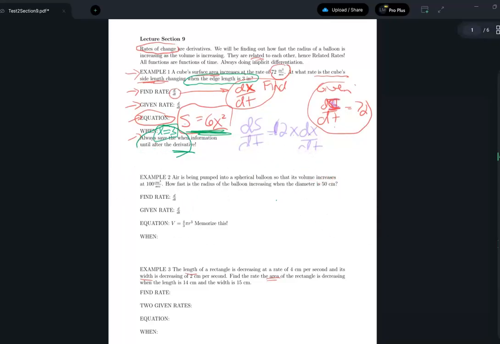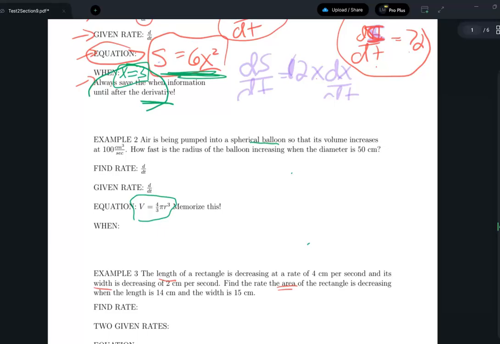We have air pumping into a spherical balloon. This is something you're going to need to memorize, the volume of a sphere. We see that the volume increases, so that's our given rate: dV over dt is 100.